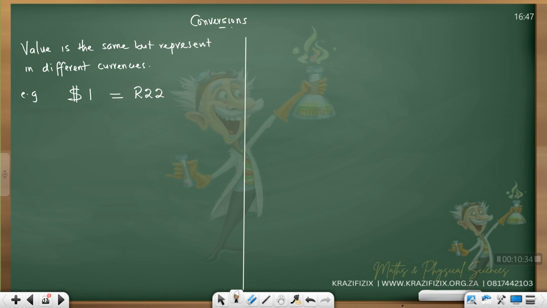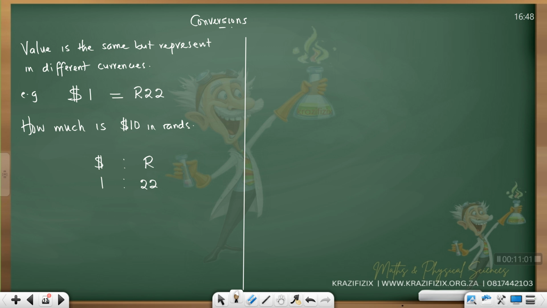So this is what the examiner is going to tell you, very straightforward: how much is $10 in rands? To make life very simple for you, just do something like this. I like to write dollar and rand, then I'll write the ratio, 1:22.